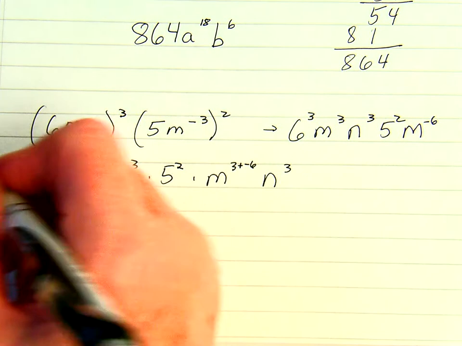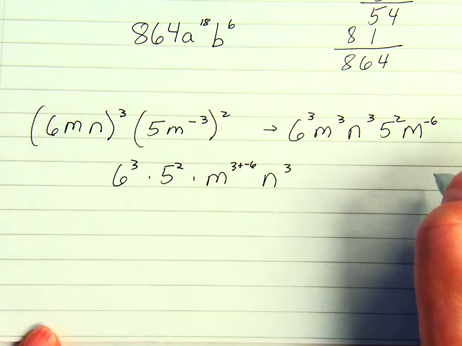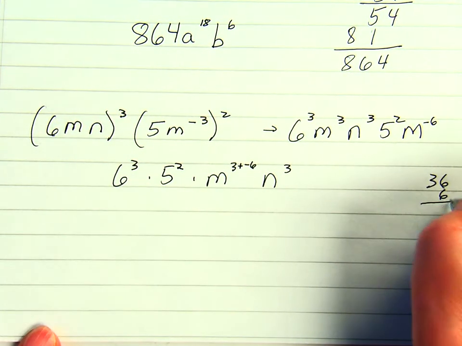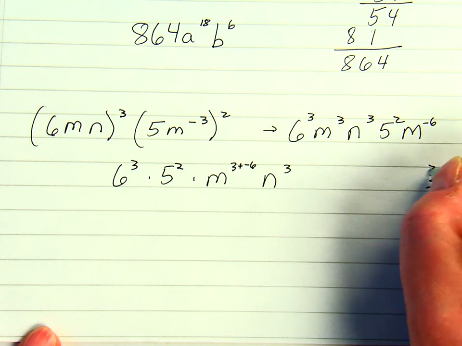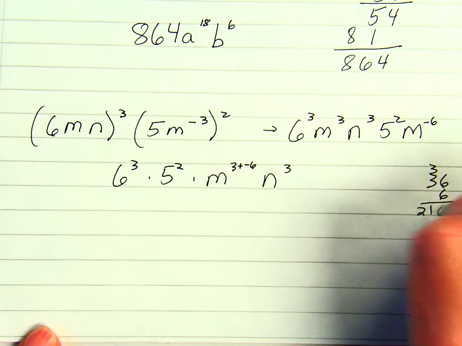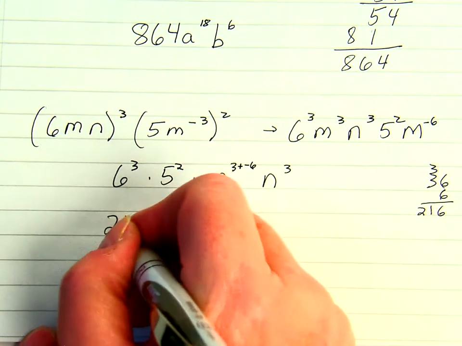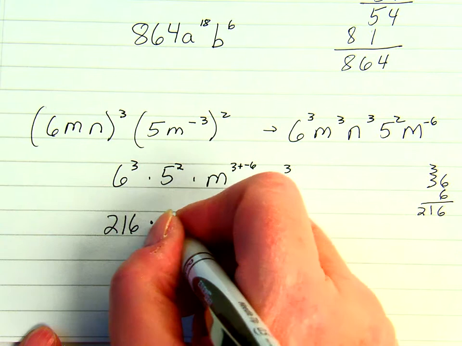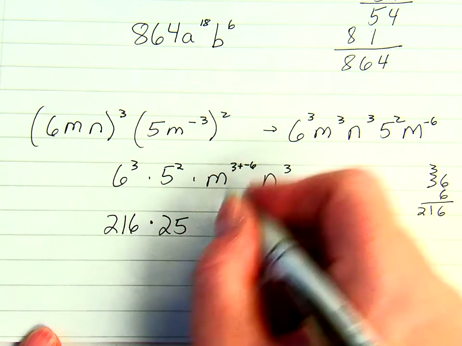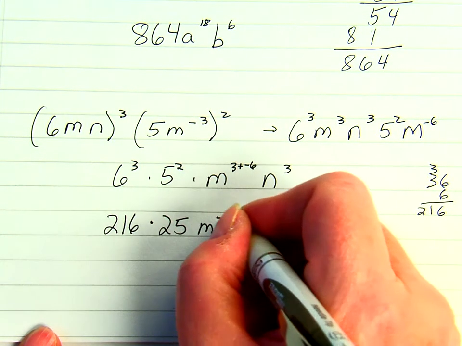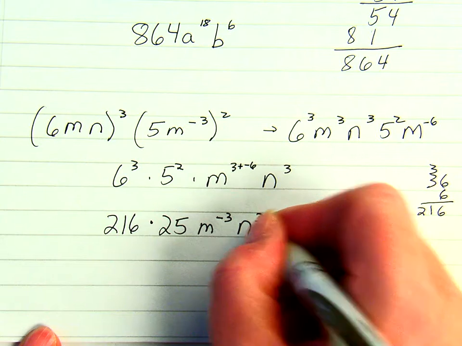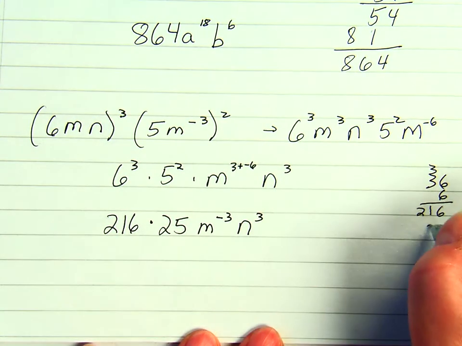So 6 times 6, 36, times another 6, 6, 3, that's 18, 21, 216. So this is 216 times 25 m to the negative 3 n cubed.